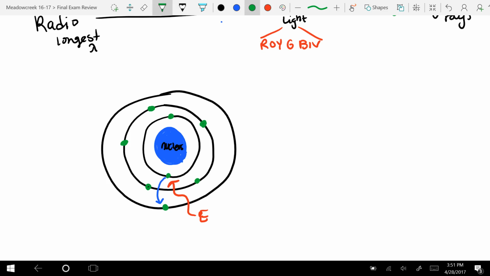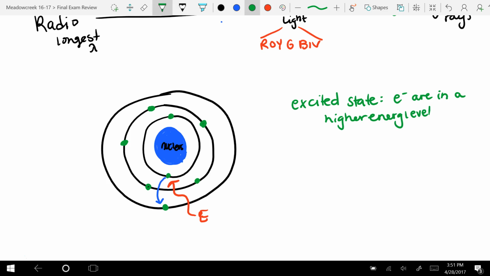So it's absorbed energy. Well, that's unstable, and that state is called the excited state. The excited state is where the electrons are in a higher energy level because they absorbed energy.